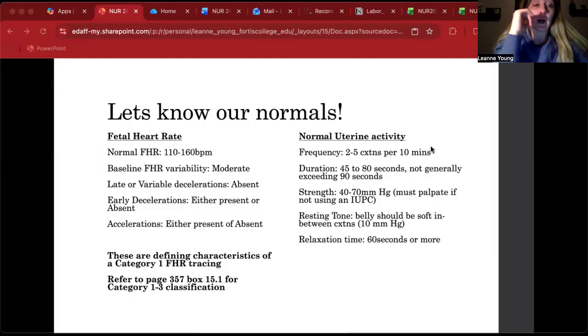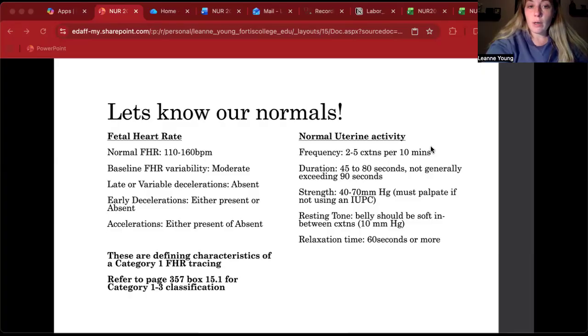No. Early decelerations can either be present or absent because we don't really care if we're having earlies, those are okay. And then accelerations can either be present or absent. Those are defining characteristics for a category 1 fetal heart rate tracing. If you want to look at what all the different categories of fetal heart rate tracings are, be my guest. They're on page 357. You can go through categories 1 through 3. But I want you to know what the normal is and what our standard is, okay?